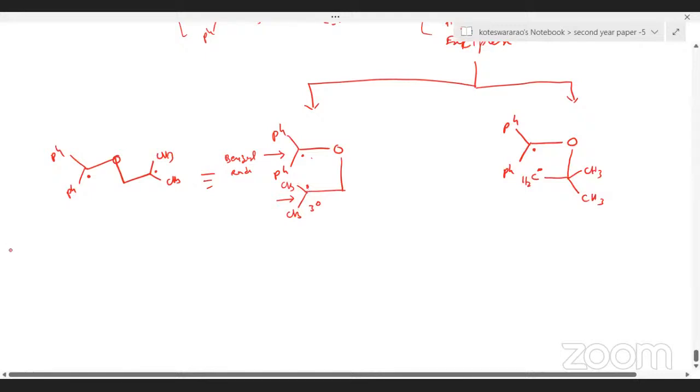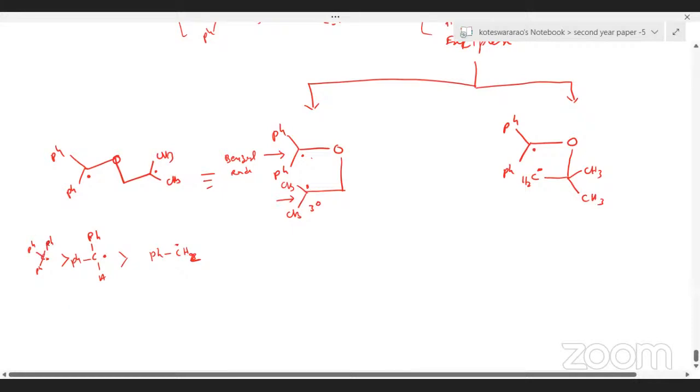When we come to the comparison, the trityl carbon radical is more stable, where the carbon is attached with three phenyl rings. Then the carbon attached with two phenyl rings, and then the simple benzyl radical with one phenyl ring. This is the order of stability.